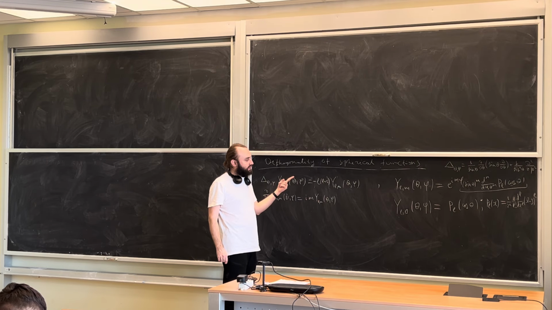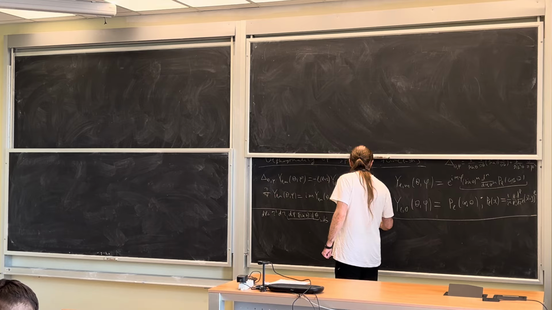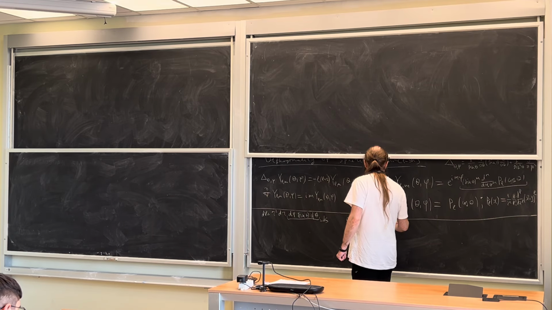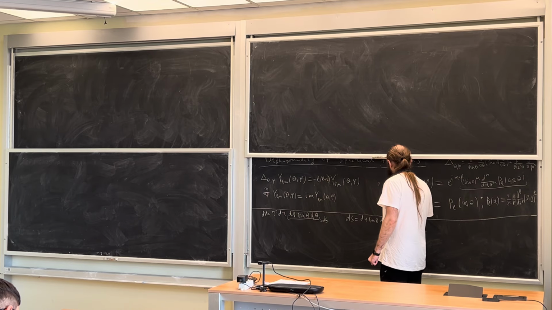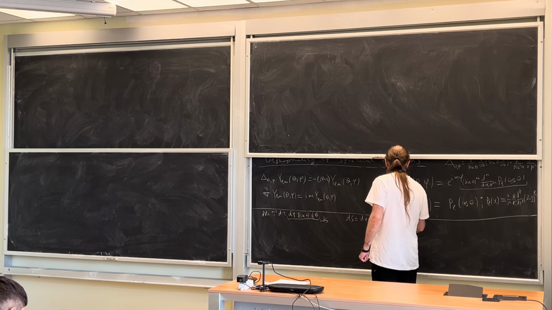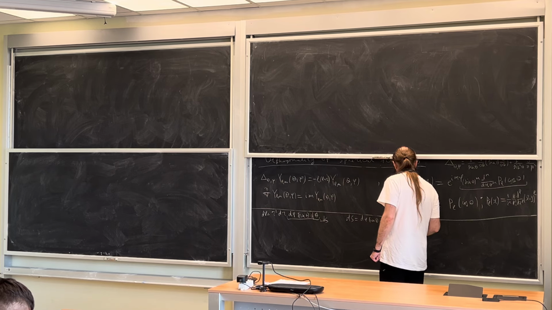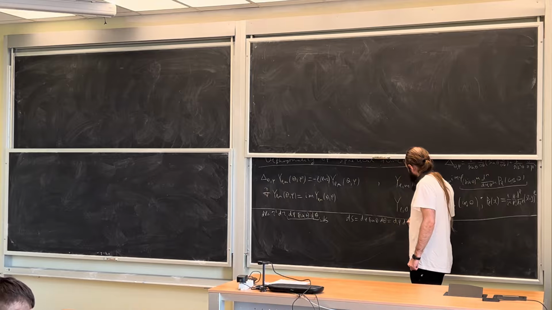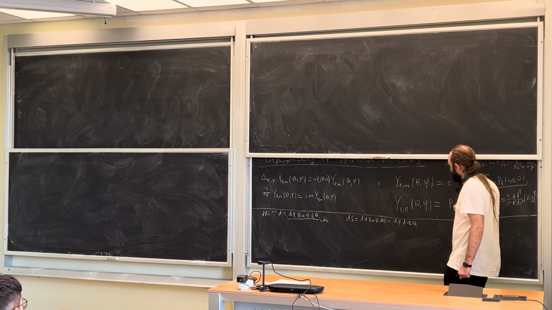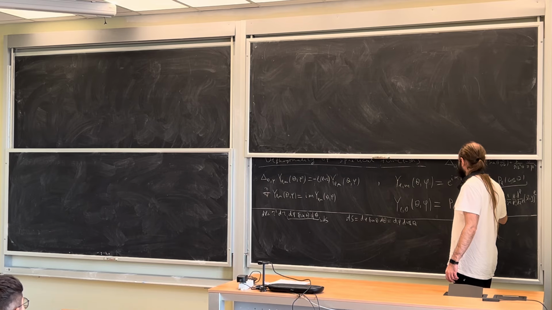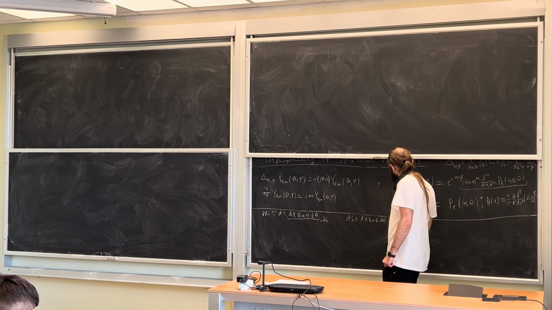So we can say that there is a radial part of this measure and there is an angular part, which we call dS. And this dS is d phi sine theta d theta, which is the same as d phi d cosine theta. It's useful because cosine is the main argument of any function.